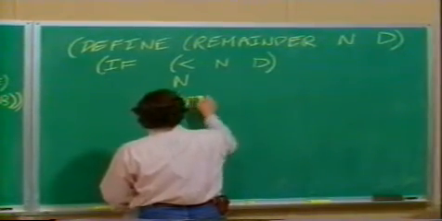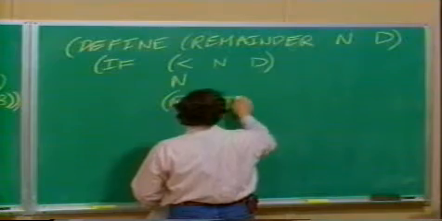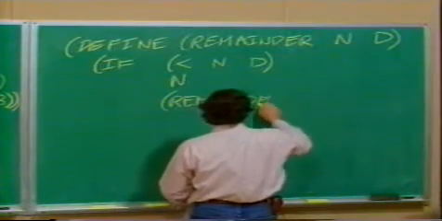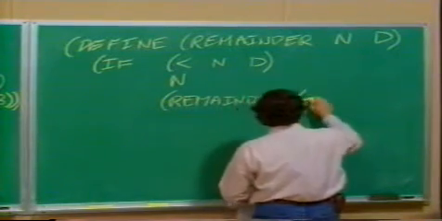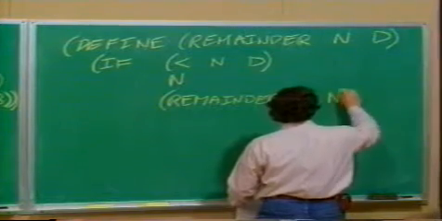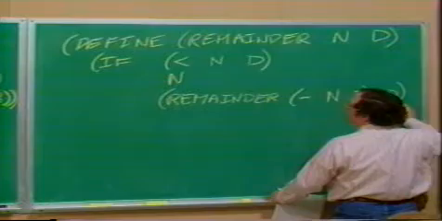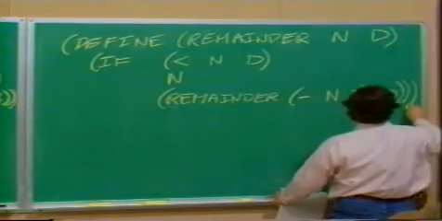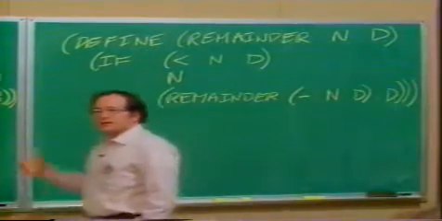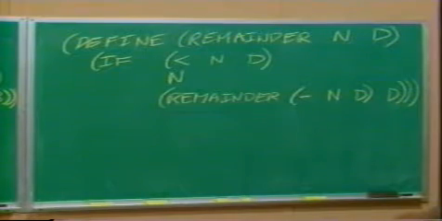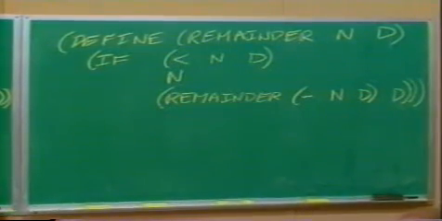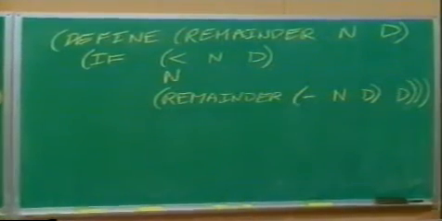Otherwise, the remainder when we subtract d from n, with respect to d, when divided by d. Gee, this looks just like the GCD program. OK. Of course, it's not a very nice way to do remainders.